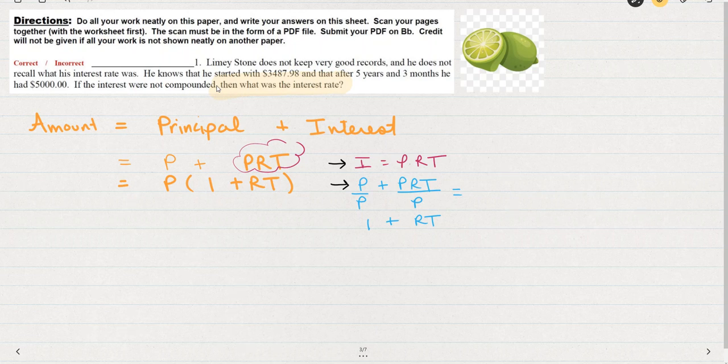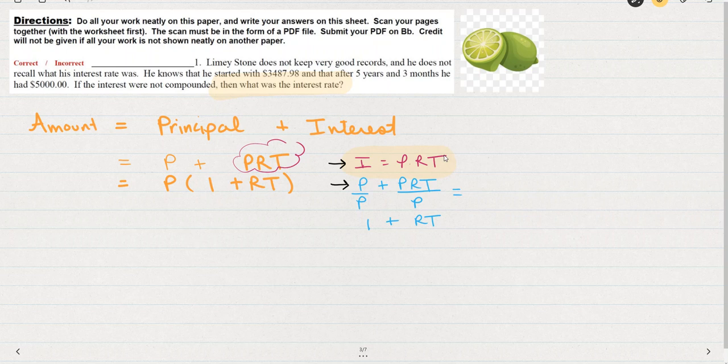We are going to use I equals PRT to find his interest rate. We can't just use PRT because we have to work just a little bit further back than just that.